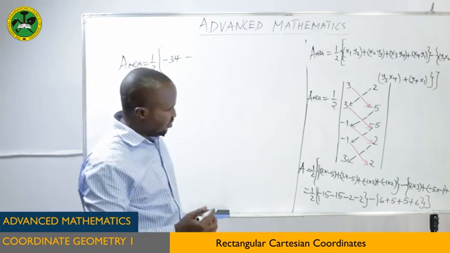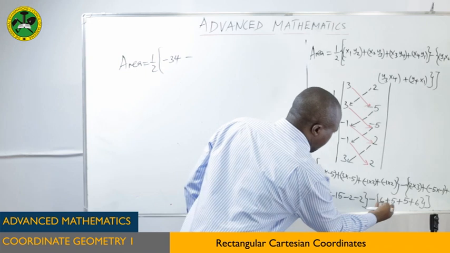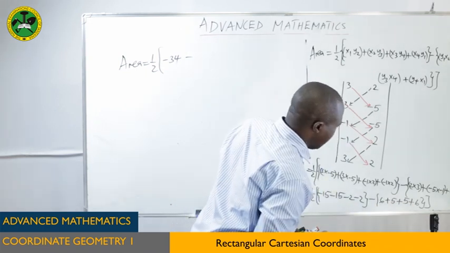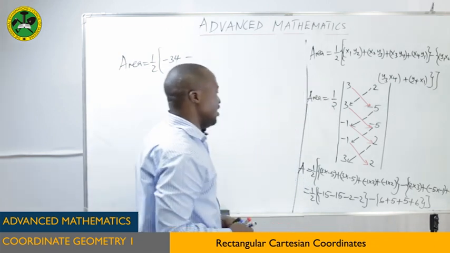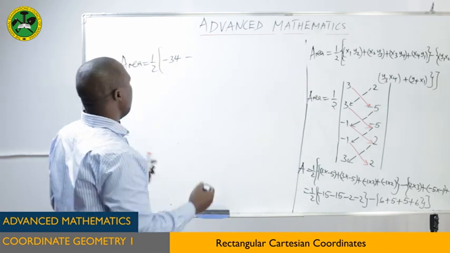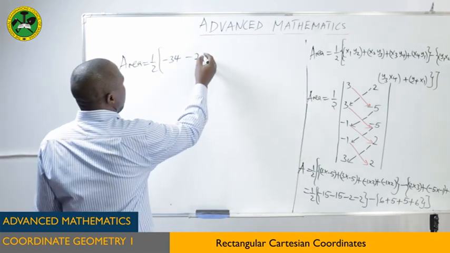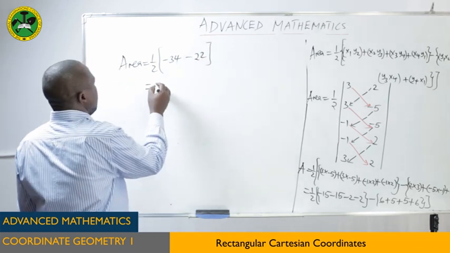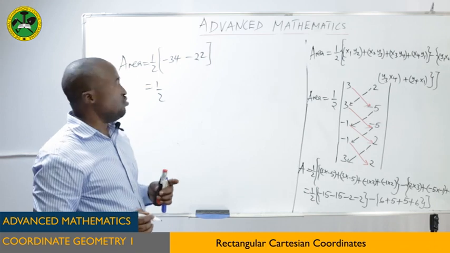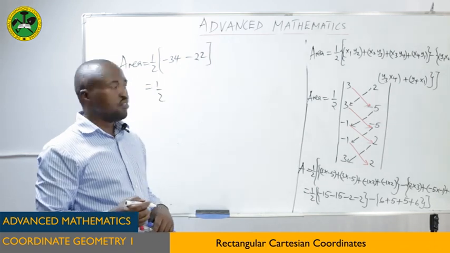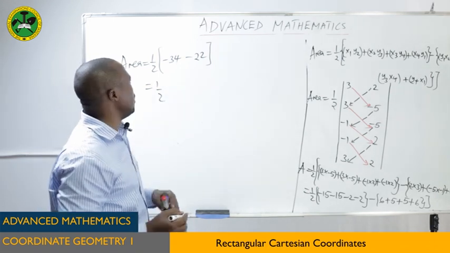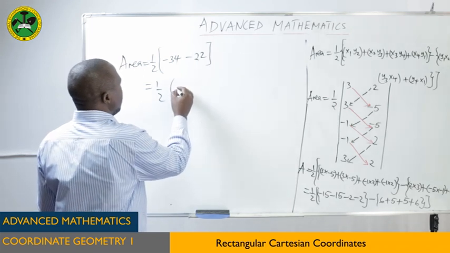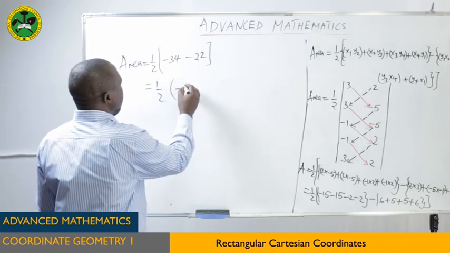Minus, so here we have 6 plus 5, that is 11, plus 5, that is 16, then plus 6, that is 22. So this is equal to a half of negative 34 minus 22. We are going to have negative 56.